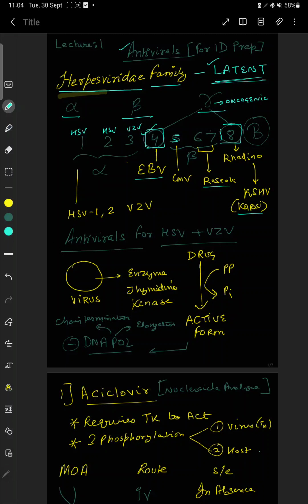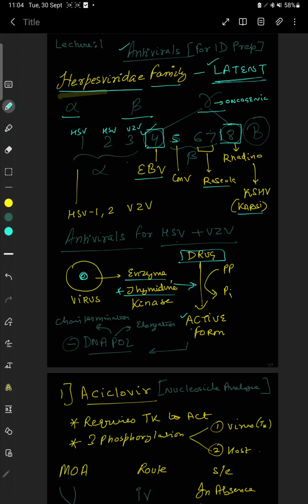So what is the basic mechanism of these antivirals? In the case of herpes simplex and varicella zoster, the viruses have enzymes called protein kinases, like thymidine kinases. Whenever you give a drug from outside, some sort of active form has to be formed for that drug, and these viral-specific enzymes act on the drug to form this active form.